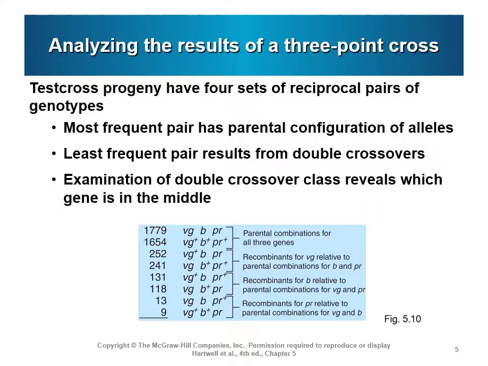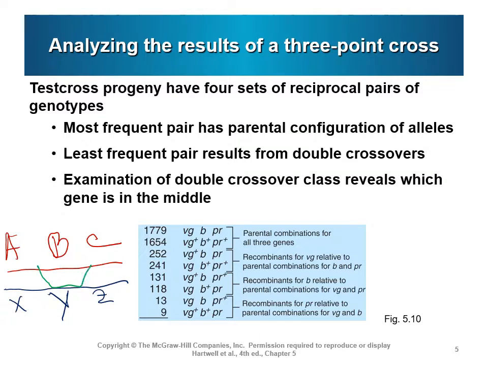Let's say we have A, B, and C genes. You know my drawing is not the best, right? And then we have X, Y, and Z genes here. When crossover takes place, let me pick a different color here, we have one cross here, and then here, and then the second crossing takes place here.